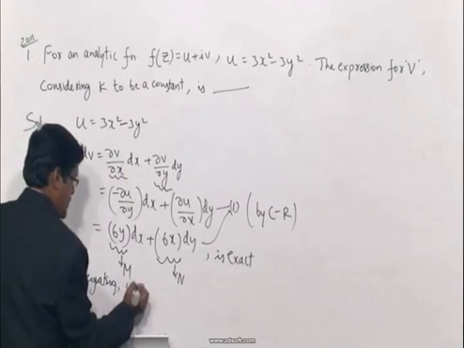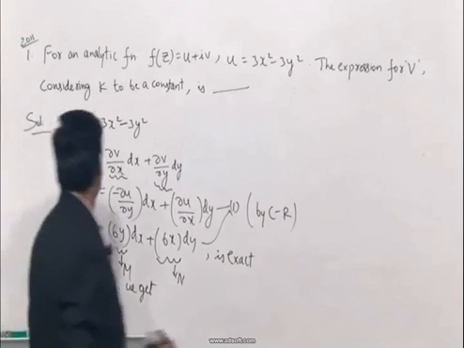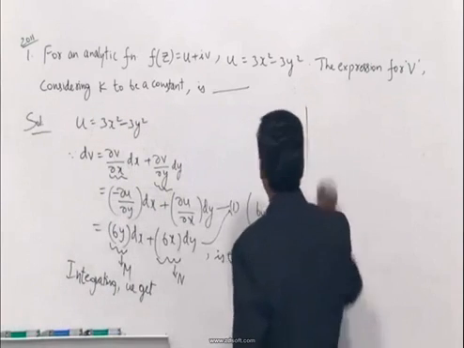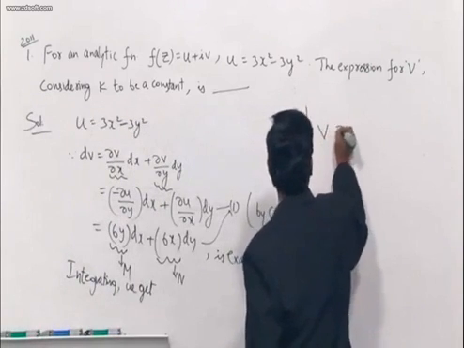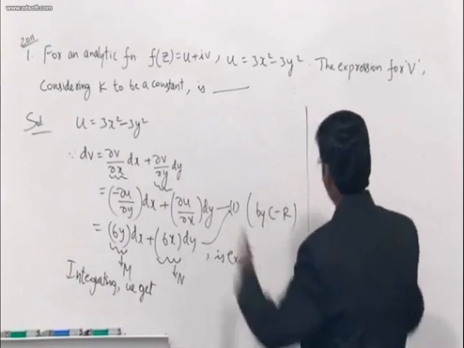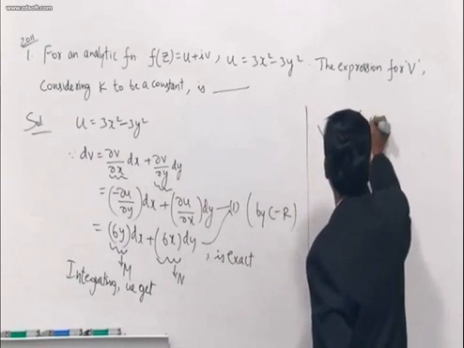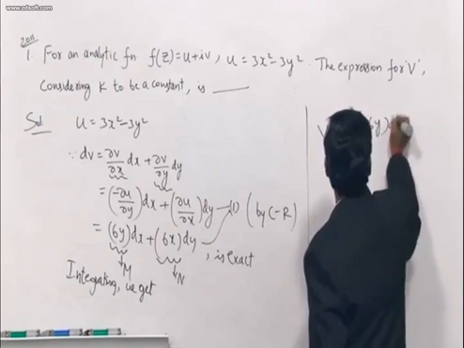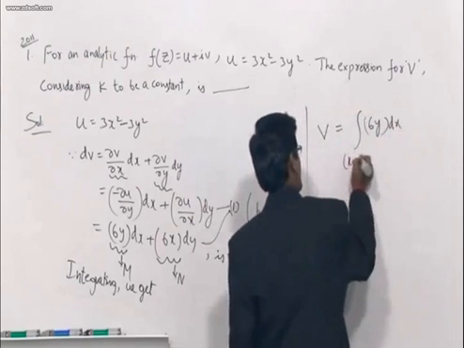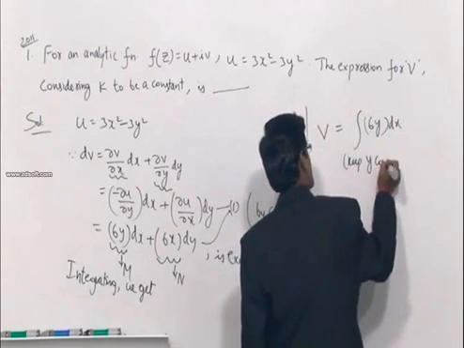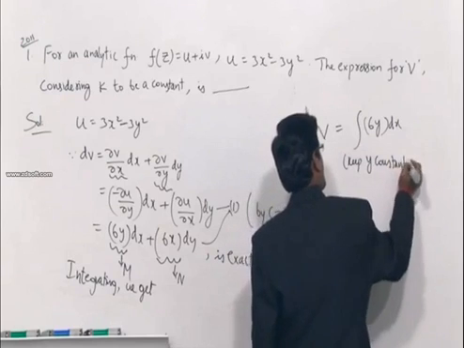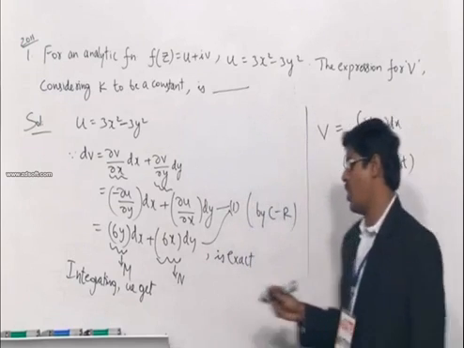Integrating, we get: the left side derivative d is cancelled after integrating, which gives v. Right side, integral of M dx, that is 6y dx, keeping y terms constant, plus terms in N not containing x.